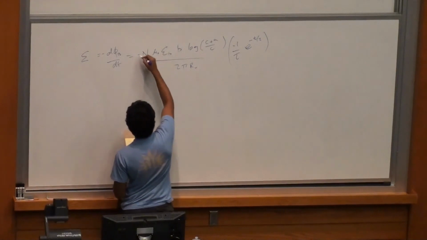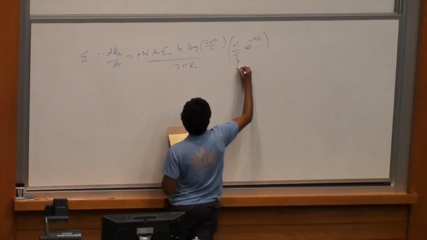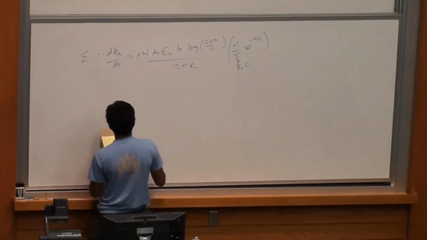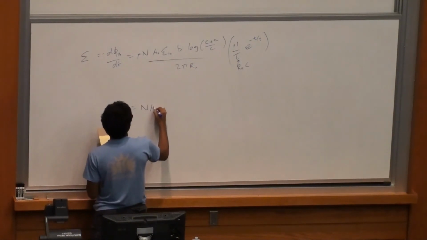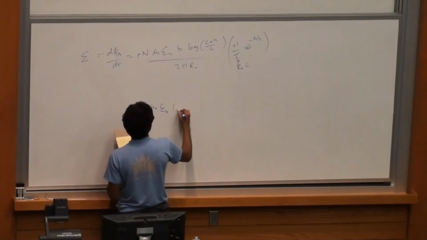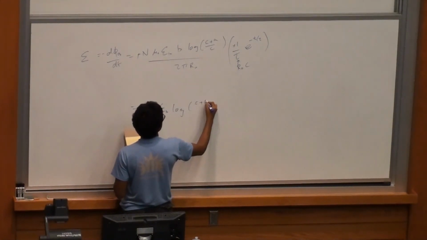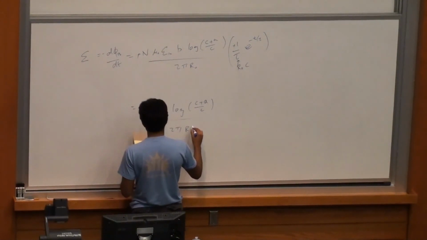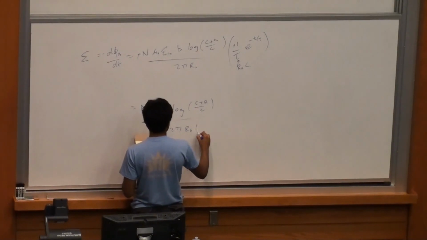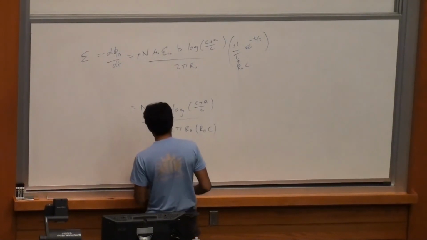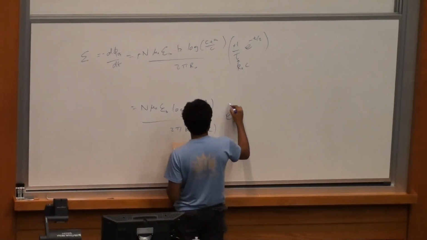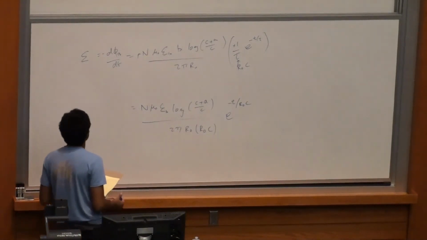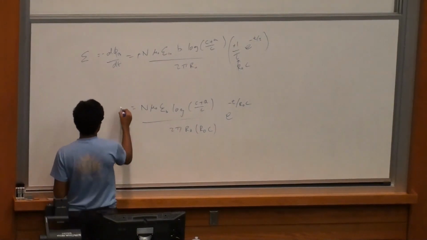Right, so the negatives cancel out, and then tau we know is R naught C. So what I end up getting now is N mu naught epsilon B log of C plus A over C over 2 pi R naught squared, R naught times R naught C, times e to the negative t over R naught C. Right, so that's my EMF.